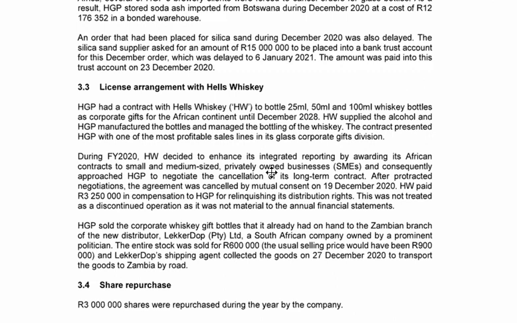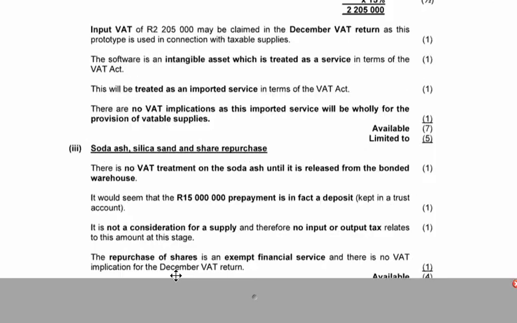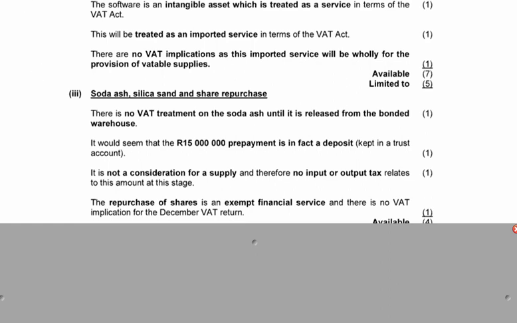Basically inside that case, in the case with Bell's Whiskey, when the right was given up, the right resides in Scotland with the Scottish distillery. And because the right resides in Scotland, this transaction will be zero-rated, and therefore there'll be VAT at a rate of 0%. So let's have a look at the actual solution itself.